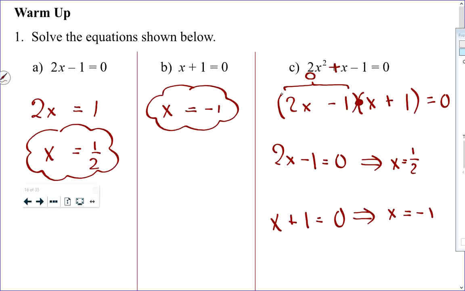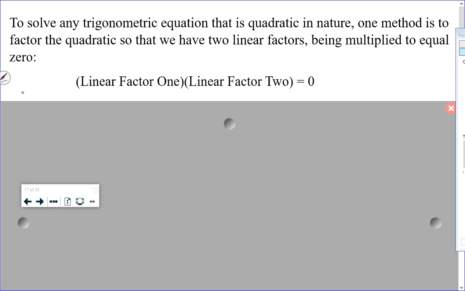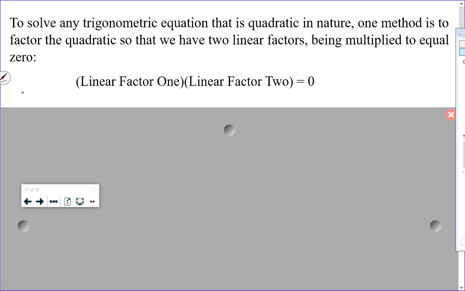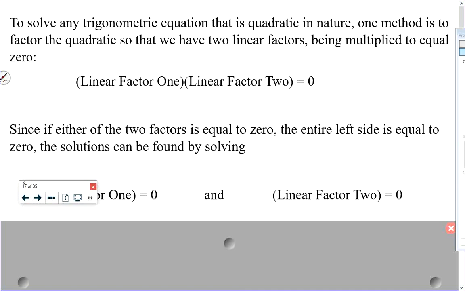So again, a review here. To solve a trigonometric equation that's quadratic in nature, one of the things we can do is factor it. So you're going to be factoring trigonometric equations. And the basic thought here, or idea, or concept is that if the product of 2 linear factors is equal to 0, then if you set one of the factors equal to 0, you'll get an equation.